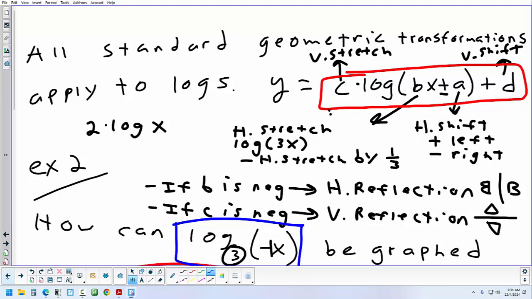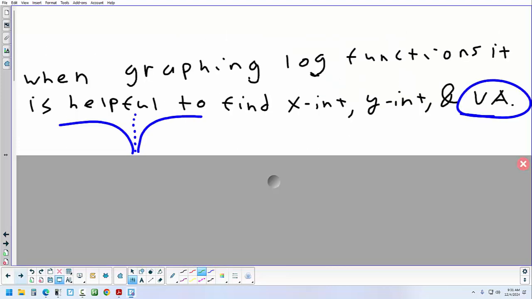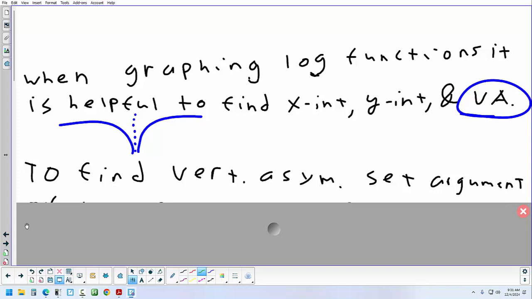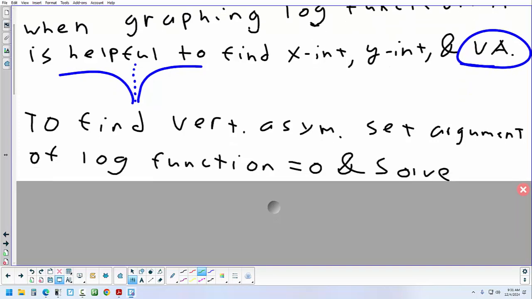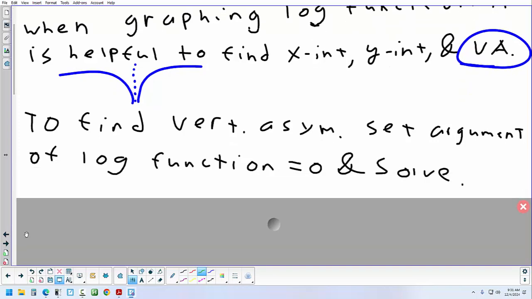The only 2 letters here that could affect the vertical asymptote are A and B, the argument. So when we are trying to find the new vertical asymptote, we only have to look at the argument, and you set it equal to 0. That's how you find a new vertical asymptote.